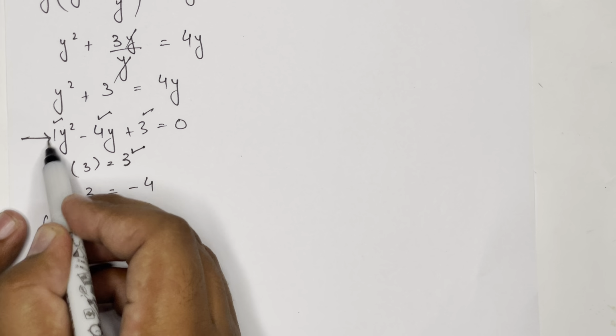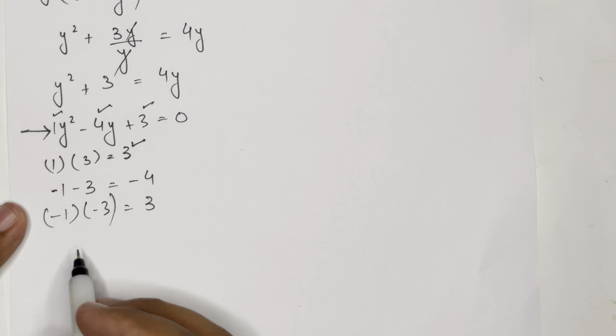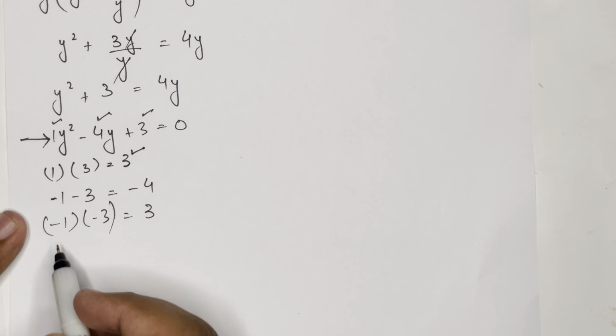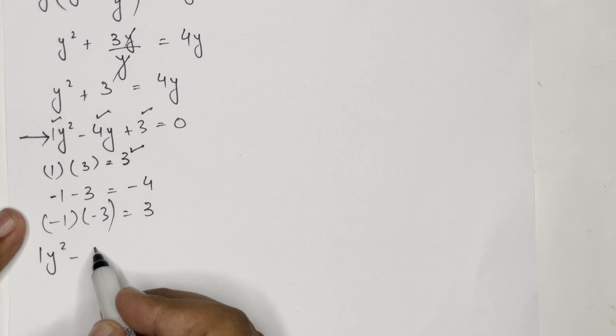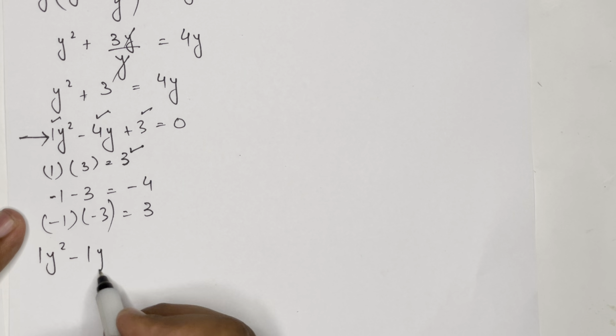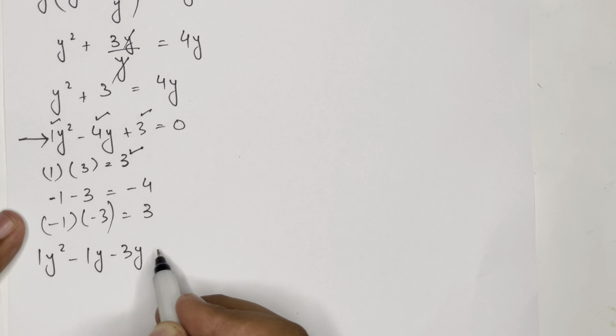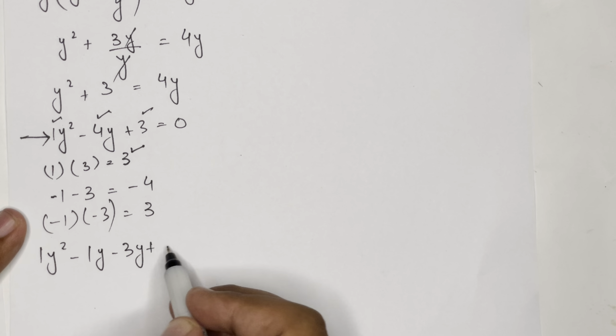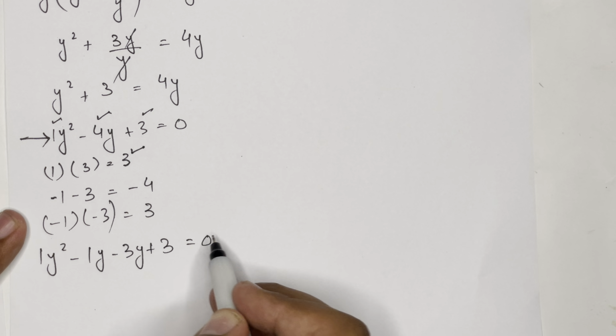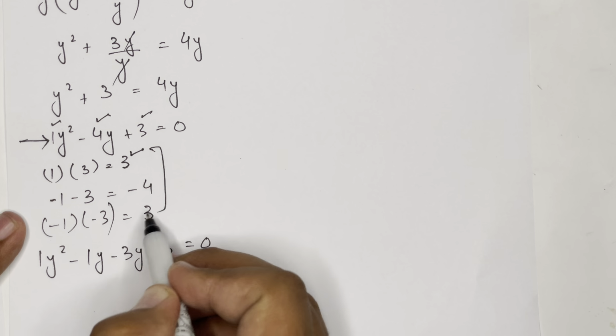Now I am putting these factors into this equation. So I can write it like that: 1y² - 1y - 3y + 3 equal to 0. This is all my rough work.